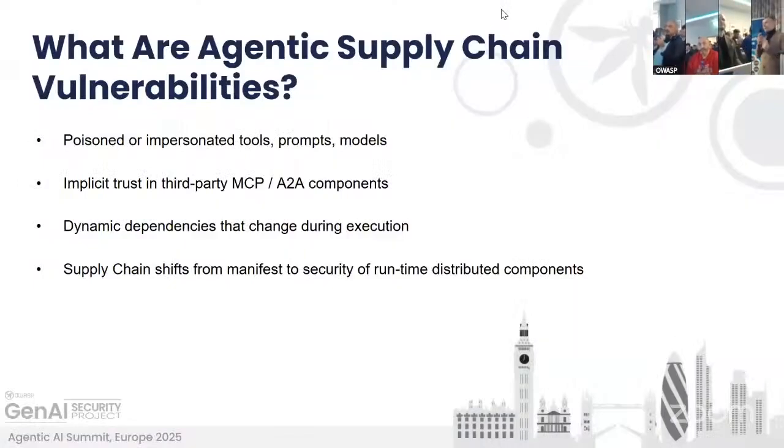What are actually the vulnerabilities specific to agentic supply chain? We know the system contains tools, other agents, and prompts loaded dynamically. And this can be put in the system in a way the system is not expecting them to behave.